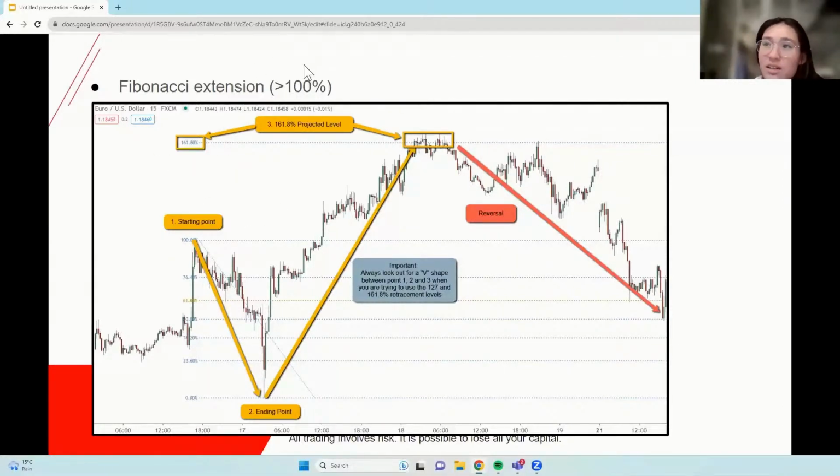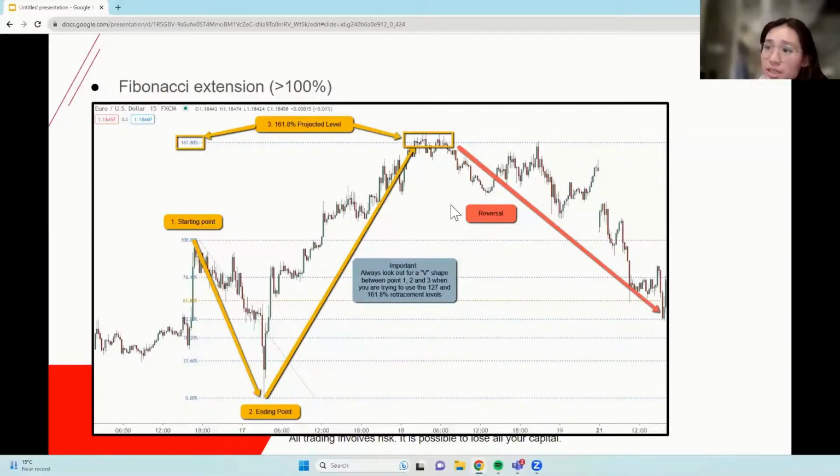So it's like the head here and then the tail is longer. Starting point here, ending point here, we always want to make sure that we're looking for this V shape. An important point as well is that you want to make sure that it retraces fully the 100% here. So it has to fully retrace it and go beyond the 100% starting point.